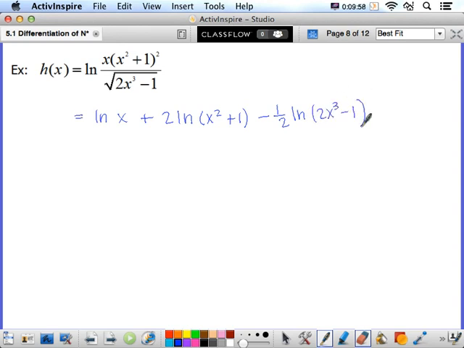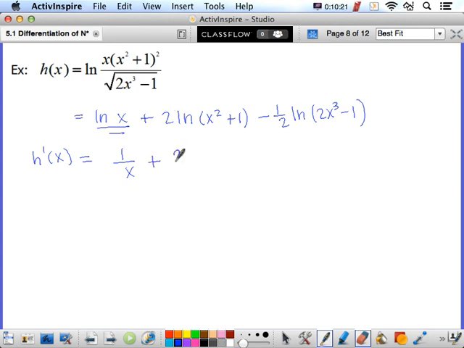Does anybody have any questions about how we expanded that? Okay. Just remember that the ones in the denominator will be subtracted. Then just go through and take the derivative of each piece separately, of each term. So you take the derivative of natural log of x, it's just the derivative of x over x.